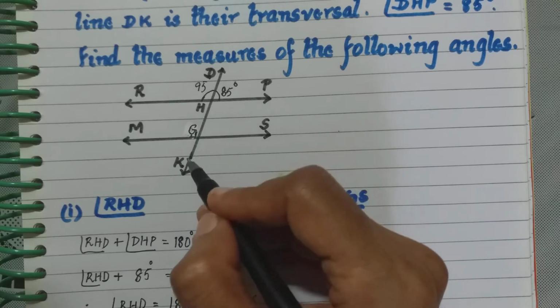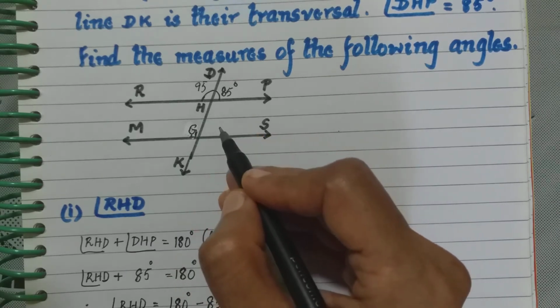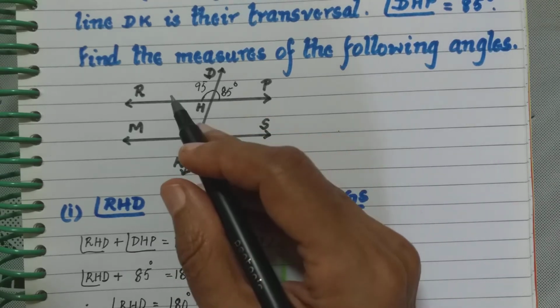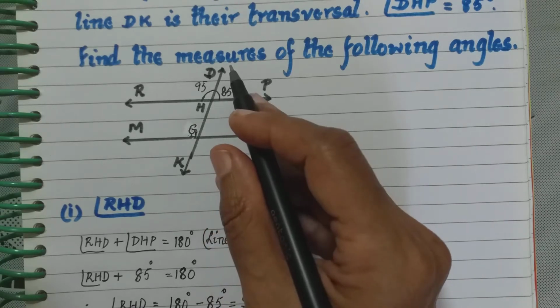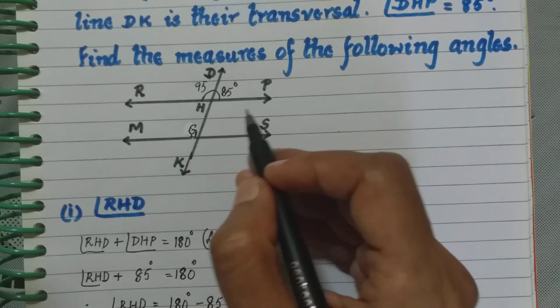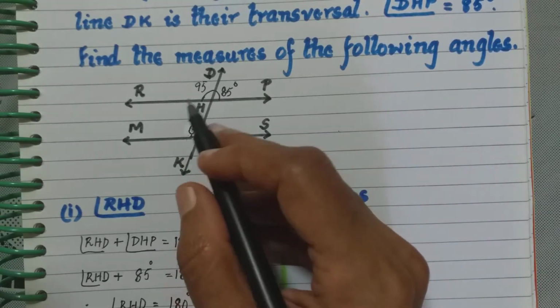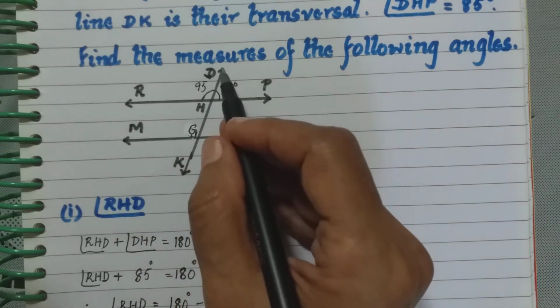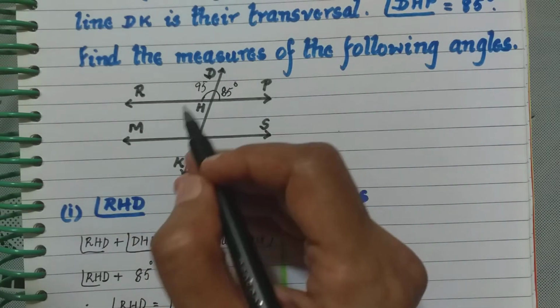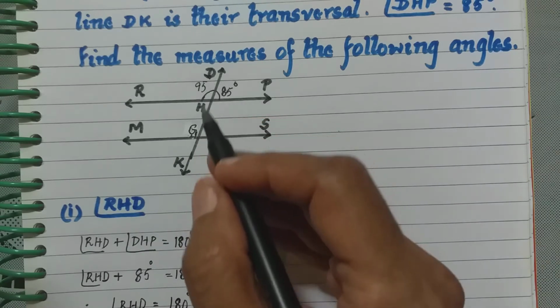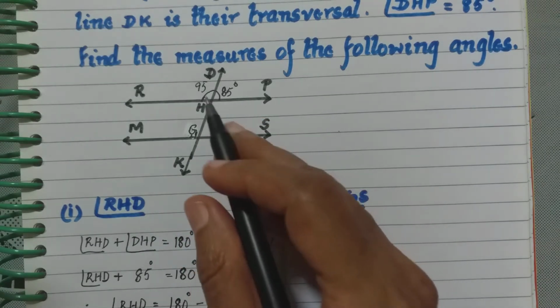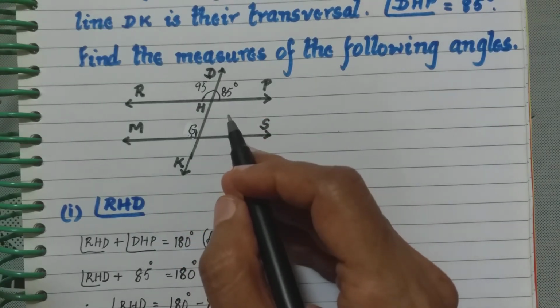Now angle PHG is vertically opposite to angle RHD. They are facing each other. Therefore angle PHG and angle RHD are equal to each other. The measures are equal because they are vertically opposite angles.